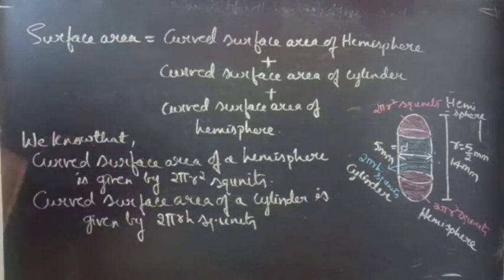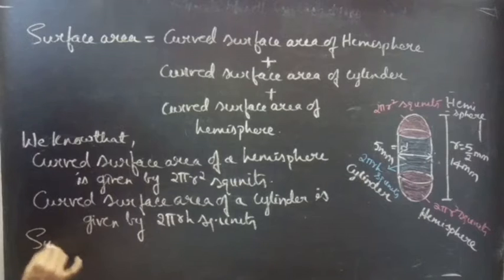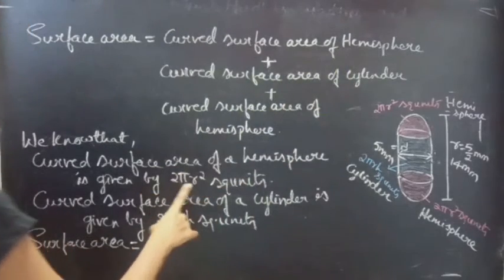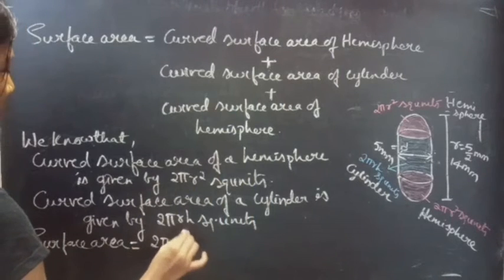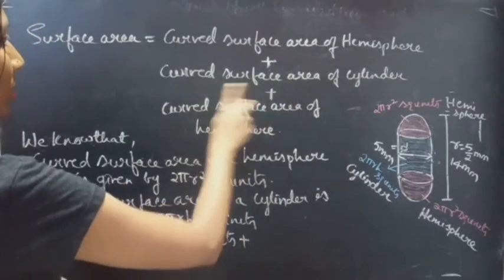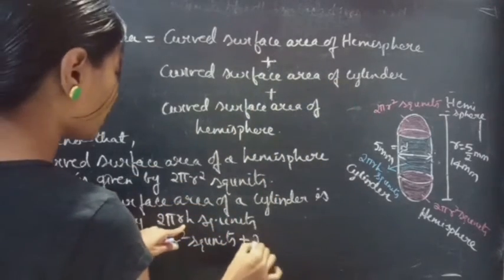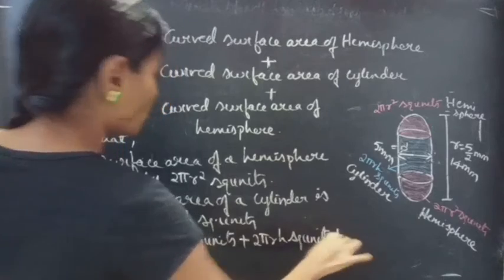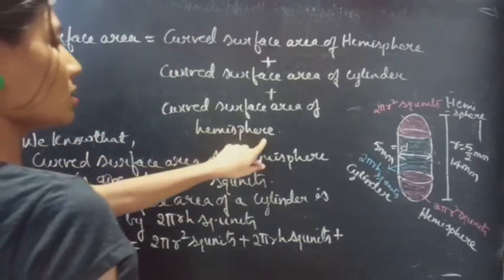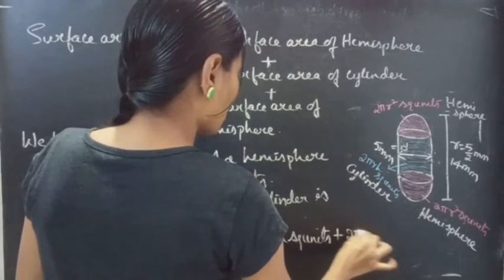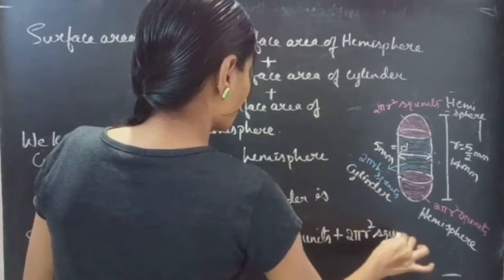So this becomes surface area equals curved surface area of hemisphere, which is 2 pi r square units, plus curved surface area of cylinder, which is 2 pi r h square units, plus curved surface area of hemisphere, which is 2 pi r square units.